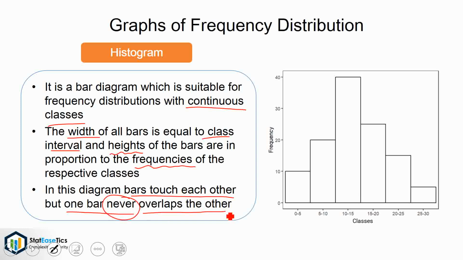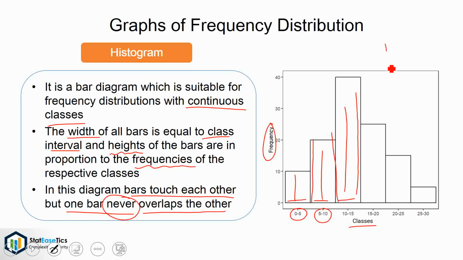Let's see the diagram. The width of the bars corresponds to the class intervals and the height of the bars corresponds to the frequencies of the particular class. Also, the bars touch each other, but the two bars never overlap one another.